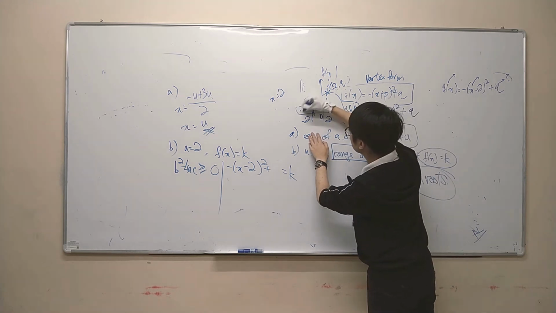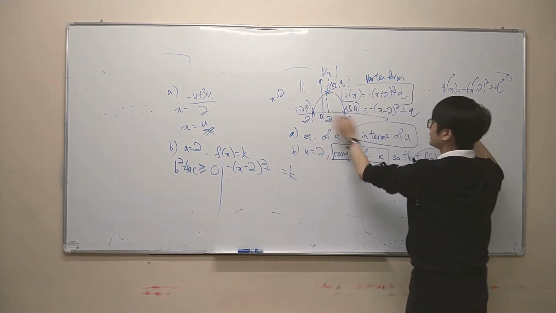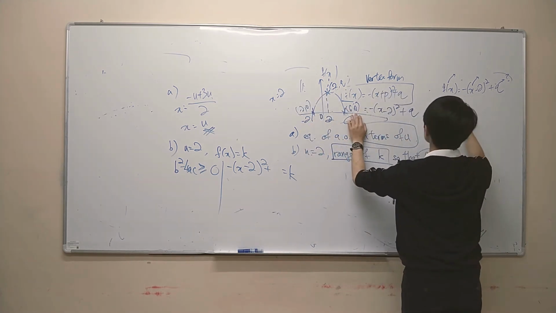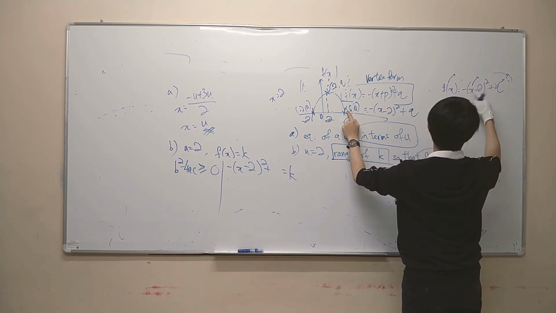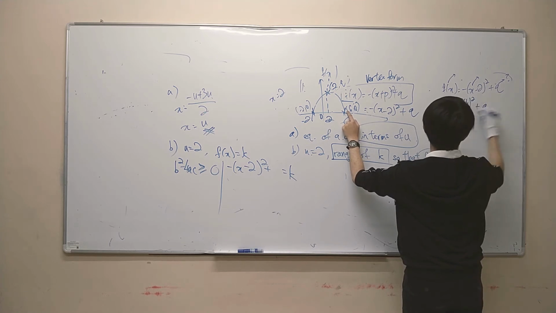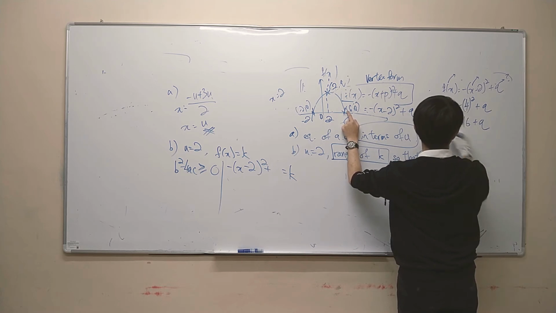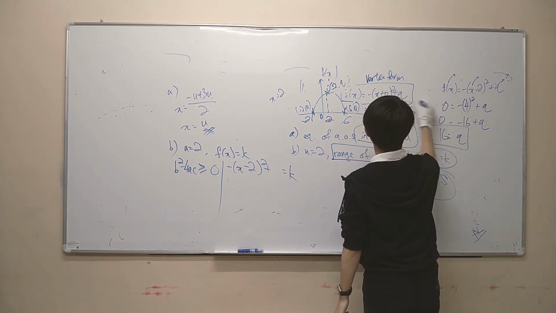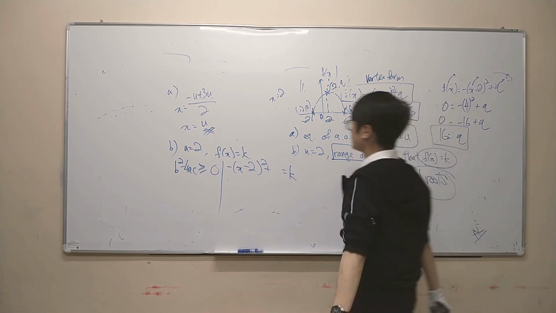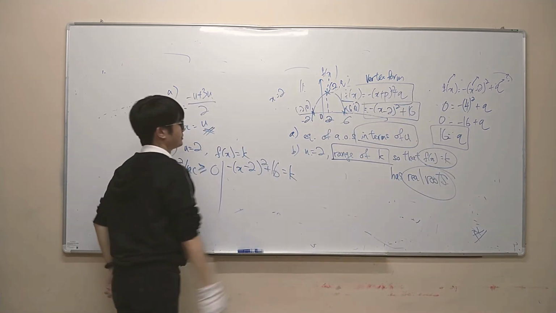This is negative 2, 0. So you can choose either one, right? Sebab both pun ada passes through. So 0 equals negative, 6 masuk sini. So 6 minus 2 is 4 squared, and then plus q. So it will be negative 16 plus q equals to 0. So q will be 16. Oh, rupanya q is 16. So this is the complete version of the equation. So here will be 16.